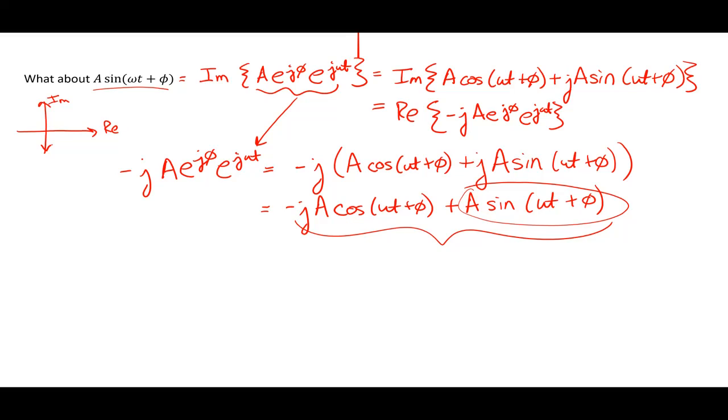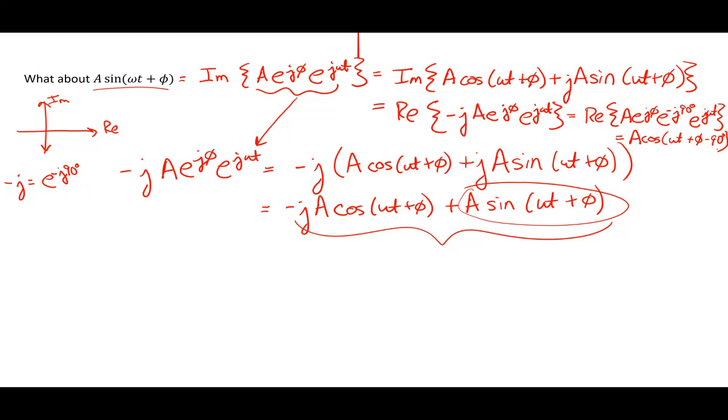Minus j points downwards. So minus j is a vector that has a unit length and an angle of minus 90 degrees. Okay, so I can write this as the real part of a e^(j phi) e^(-j 90 degrees) times e^(j omega t). Or in the end, this is a cosine(omega t + phi - 90 degrees).